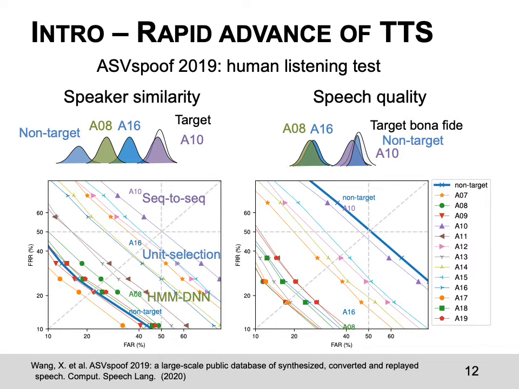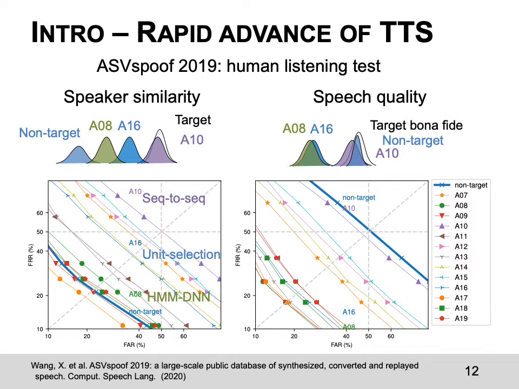As you can see from the left-hand side, the HMM is really far away from the natural speech in terms of speaker similarity. So the score distribution is far away from the natural target speech. Unit selection is closer, but still not close enough. It's only the sequence-to-sequence system, as you can see from this picture, that is really close to the target speaker natural speech.